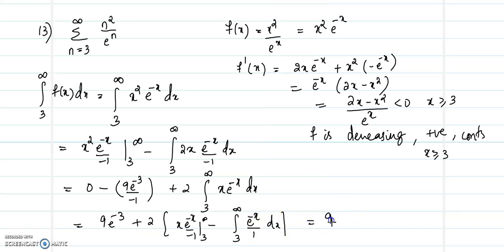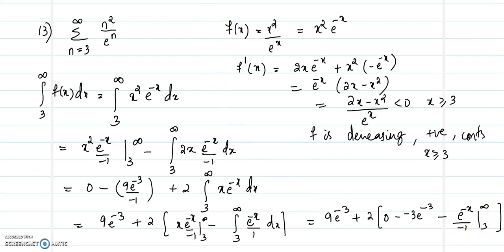So we'll have 9 e power minus 3 plus 2. At infinity, e power minus infinity will be 0, minus at 3, minus 3 e raised to minus 3, minus integral of e power minus x, which is e power minus x by minus 1, from 3 to infinity.